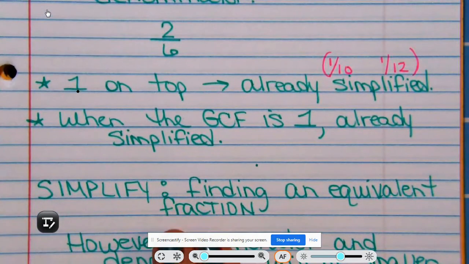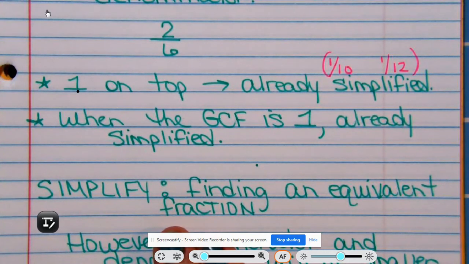When you simplify a fraction, you are finding an equivalent fraction. You are finding a fraction that is equal to your original fraction, which is just like what we did in yesterday's video.